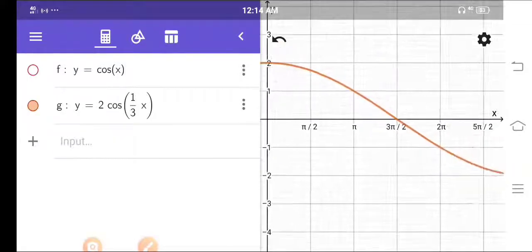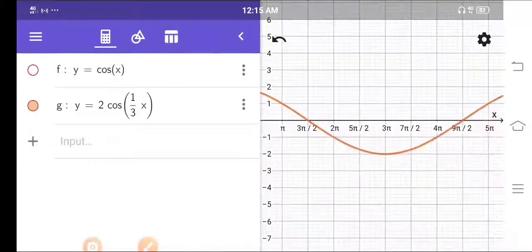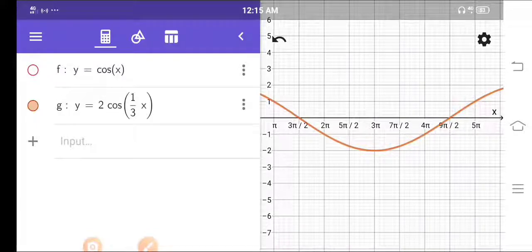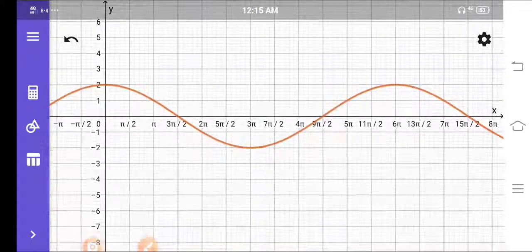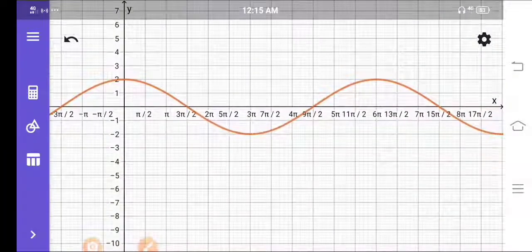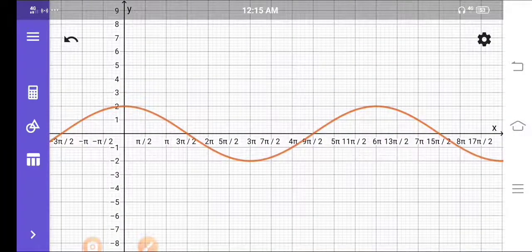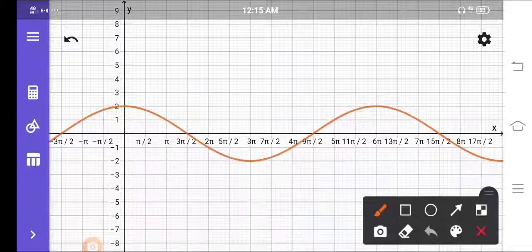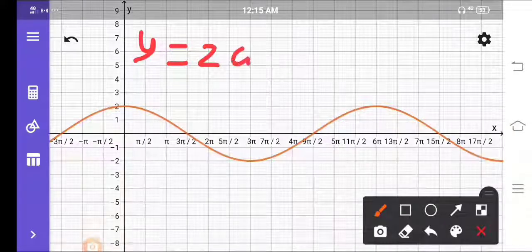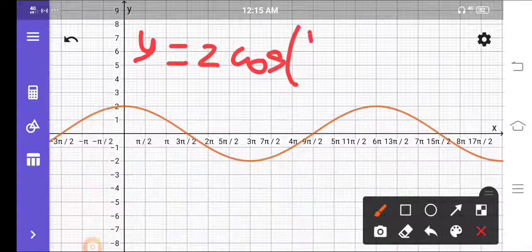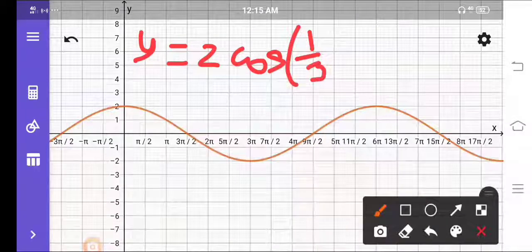So the graph looks like this one. Our graph looks like this one. So our given is y is equal to 2 cosine 1 over 3x.